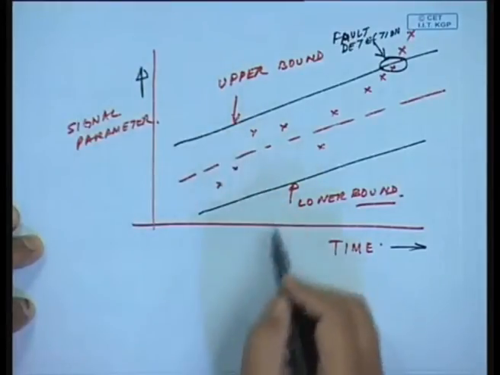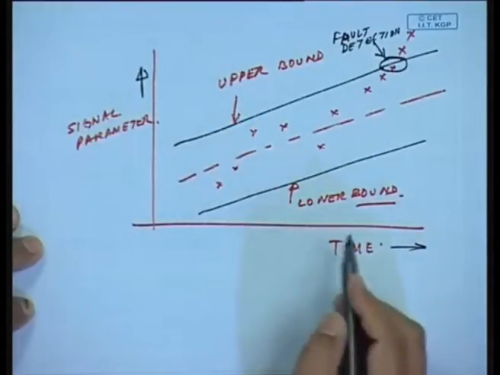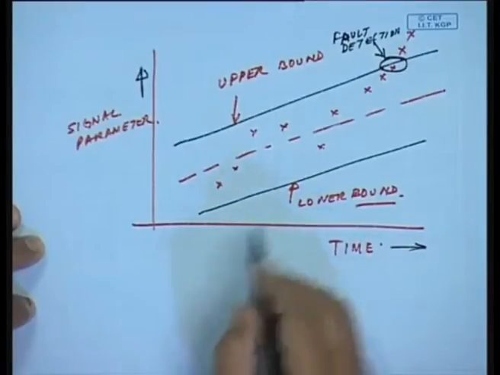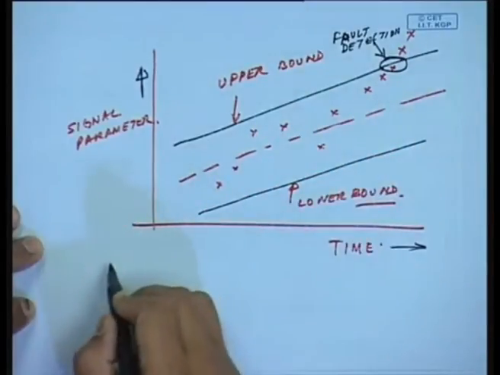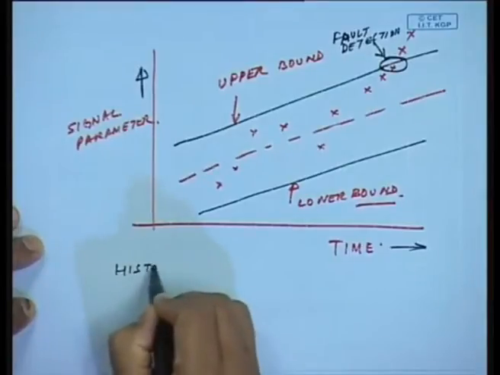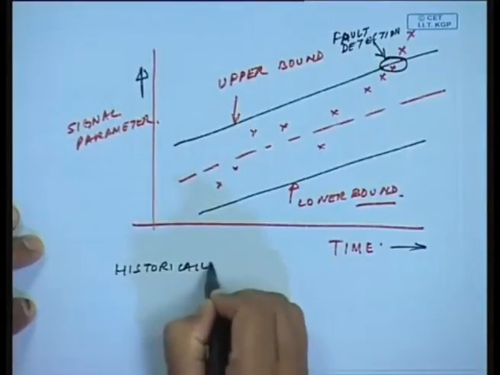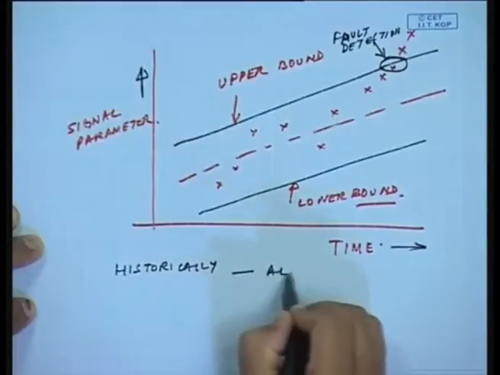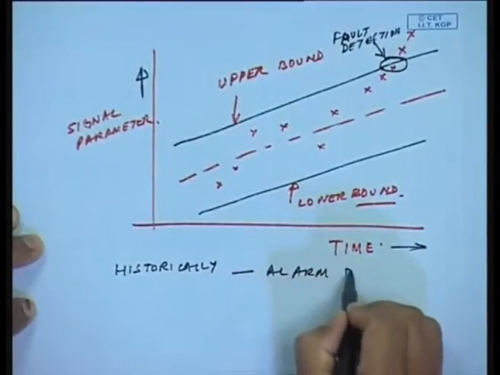So simple alarm bounds can be used, and then in fact a fault can be detected, and traditionally or historically in the industry people were using such alarm bounds.